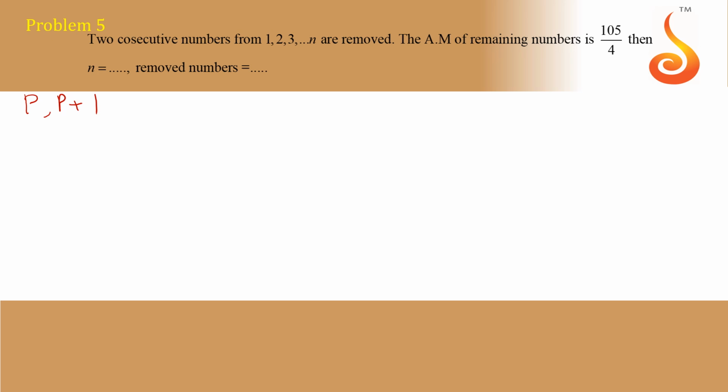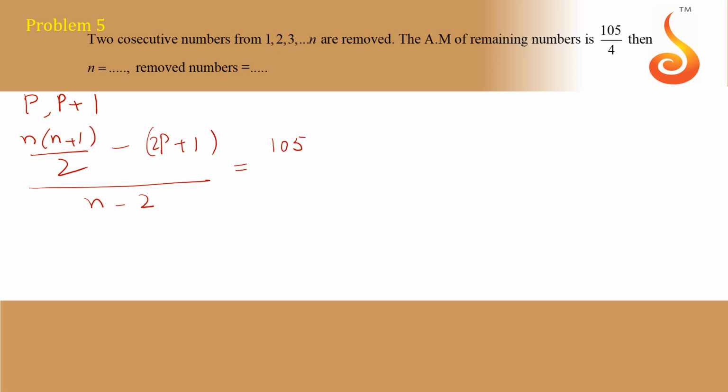So what will be the arithmetic mean of the remaining numbers? The total sum is n into (n plus 1) by 2, and because you removed p and p plus 1, their sum is 2p plus 1. This is divided by the number of remaining numbers, n minus 2, and it is given as 105 by 4.